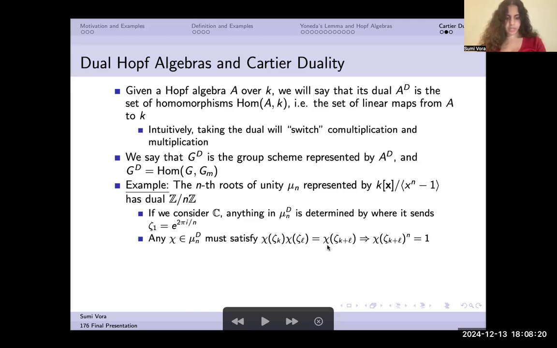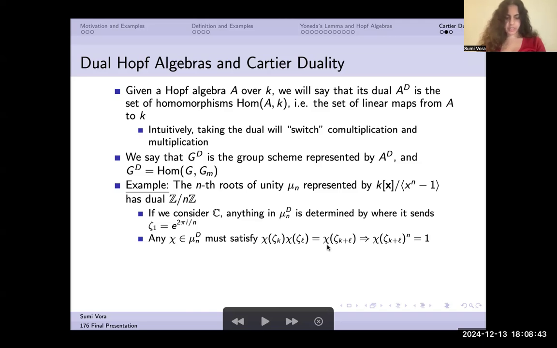So in terms of the generator, you can write zeta k times zeta L as zeta k plus L, which is just multiplying them, right? But that's also just multiplying zeta 1, k plus L times. And then if you raise this to the power of n, you should still get 1. And so you're kind of stuck in terms of where you can send things.